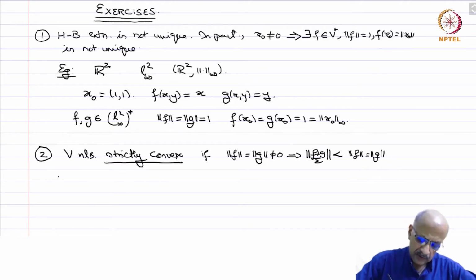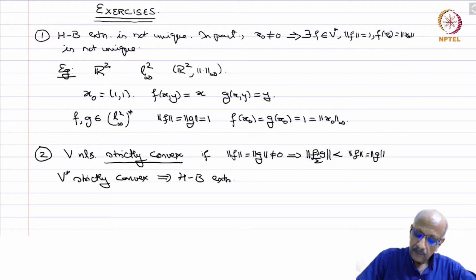So here is the exercise: V star strictly convex implies the Hahn-Banach extension is unique.